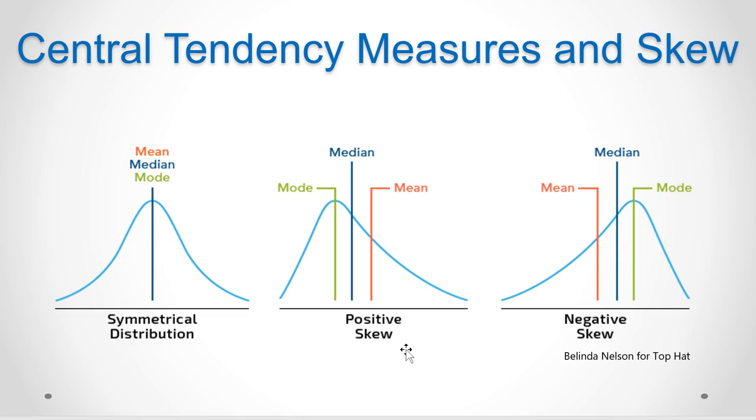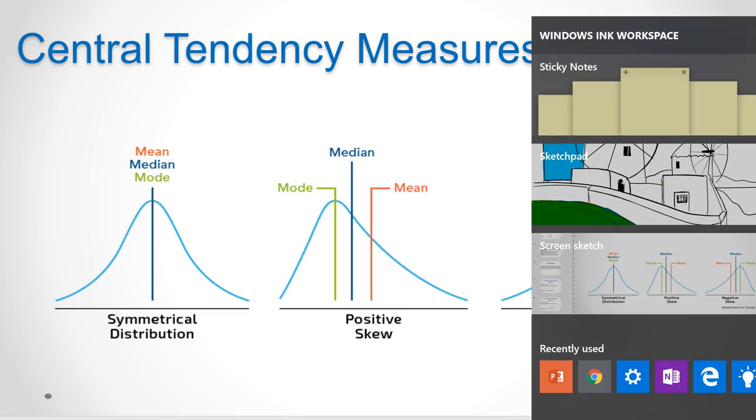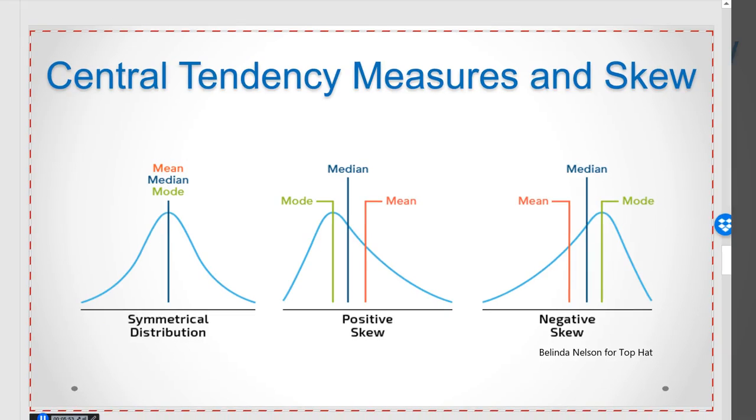Think of this as, let me show you real quick. So think of this as, here's 0 and here's 10, right? So there's the median. The median, let's say it's 5, right? And so the mean is to the right, which means it's larger. The mean is going to be larger than the median in a positive skew.